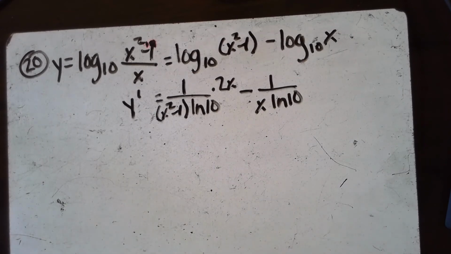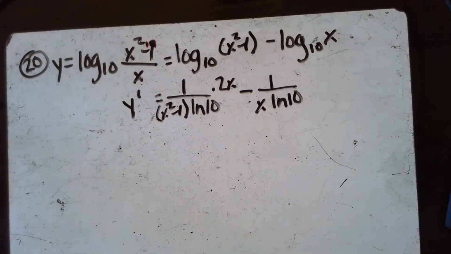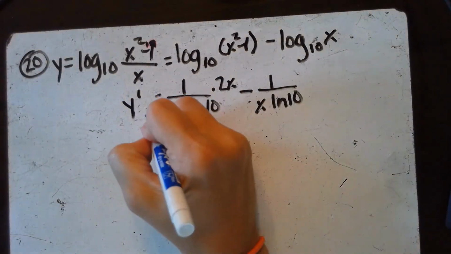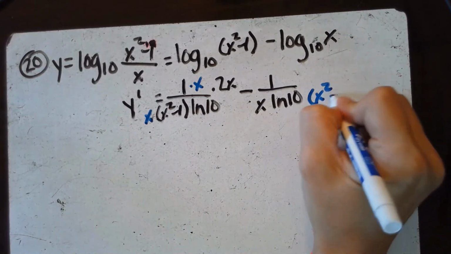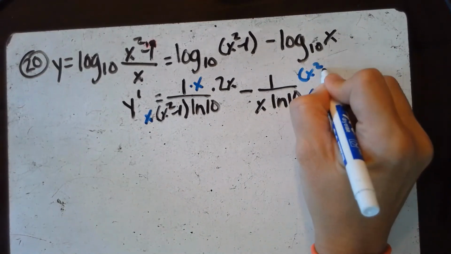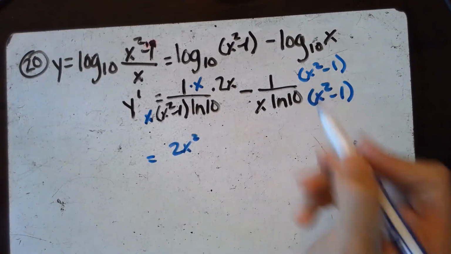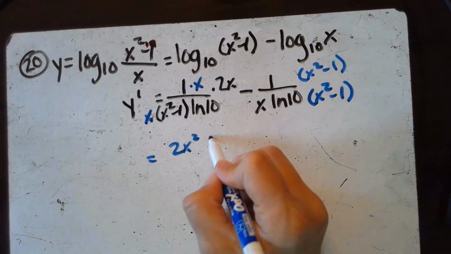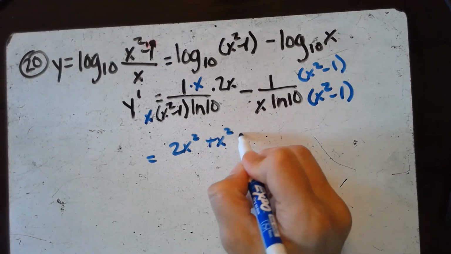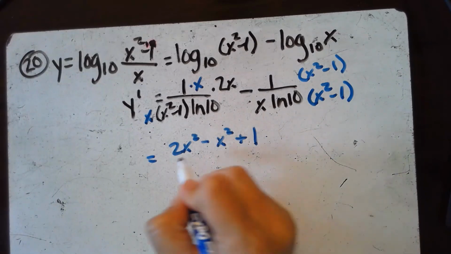If you want to see the common denominator, I noticed both of them have ln of 10, so I don't need that. But this one would need an x, so I need to put it up top. This one would need an x squared minus 1. Okay, so this would make 2x squared. Okay, I'm going to distribute this negative through right here, so it's minus x squared plus 1.